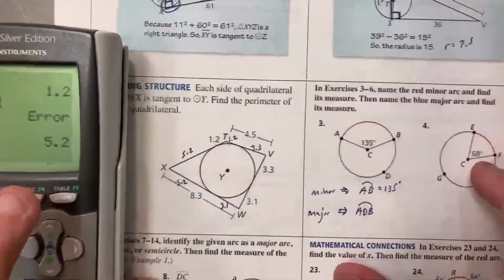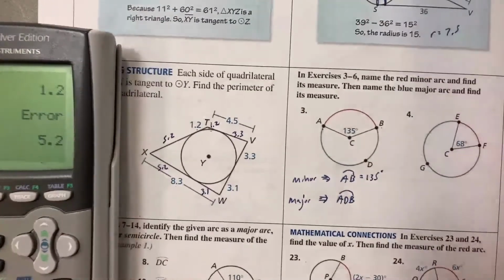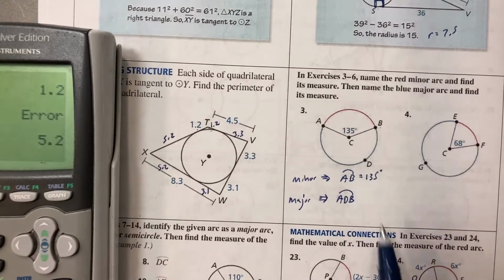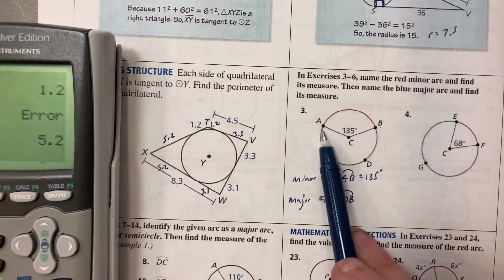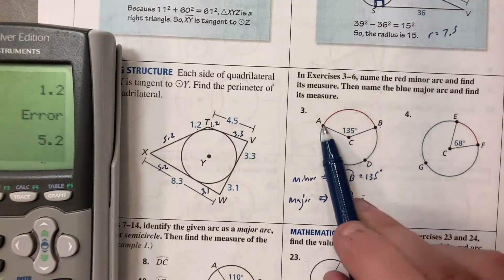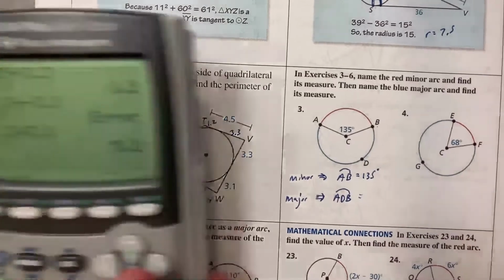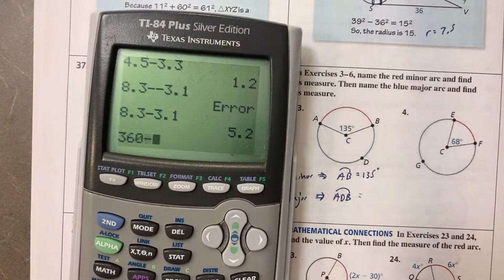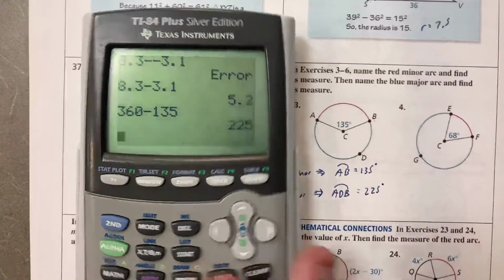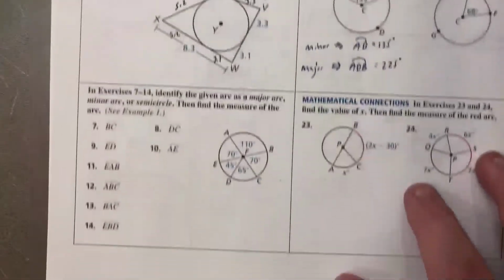It'd be helpful if I had this in the picture. Arc AB is 135 degrees, whereas arc ADB, the longer way around the circle, is the major arc. And if this way is 135, then the other way is 360 minus 135, 225 degrees. You can do 4 on your own.